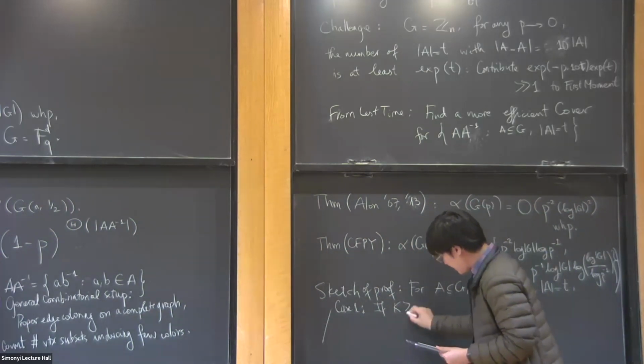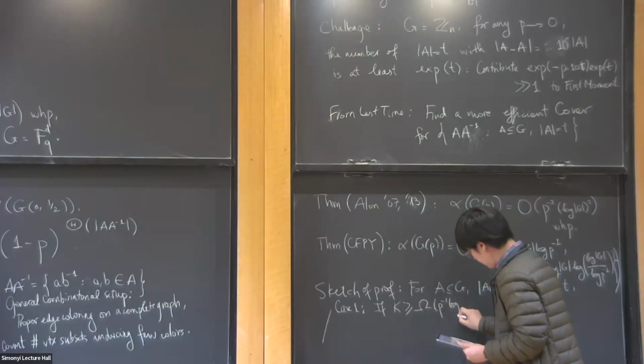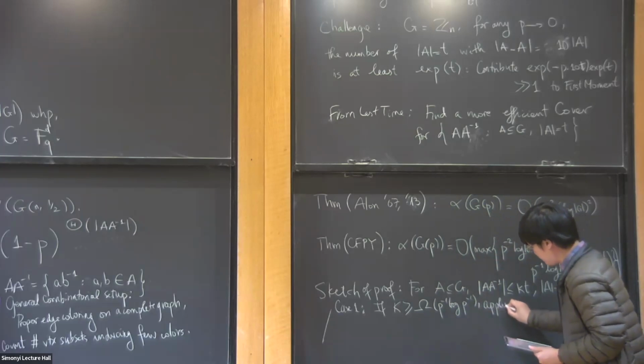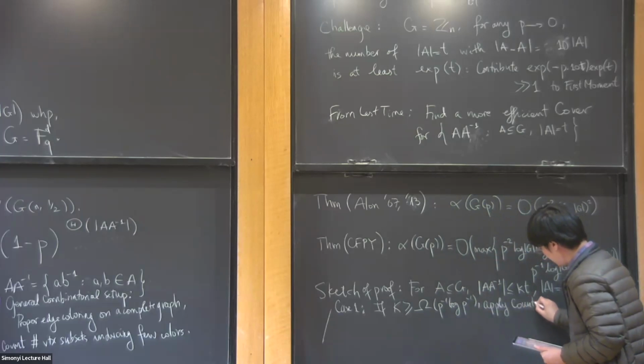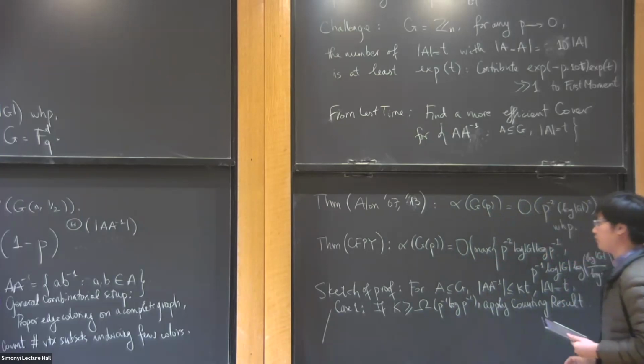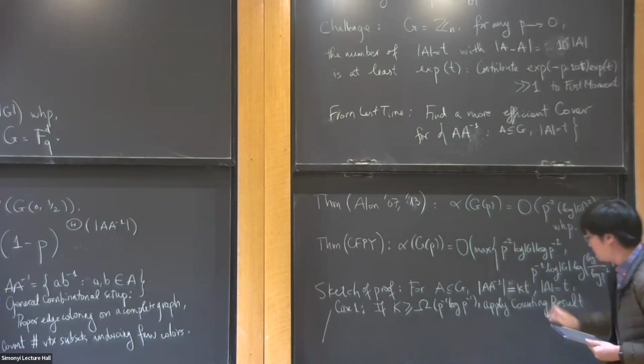So in this case, if K is bigger than order p inverse, roughly, then we can just apply directly the counting result. So we honestly count all of the sets A with that doubling equal to KT, to avoid some generosity in this discussion.